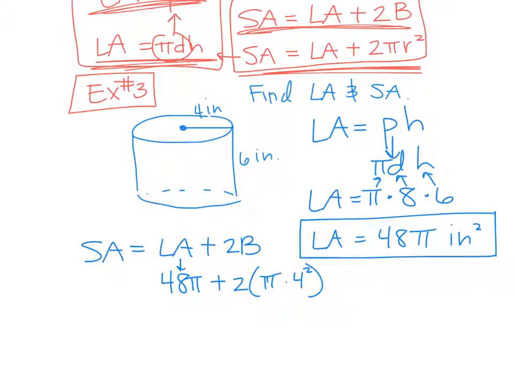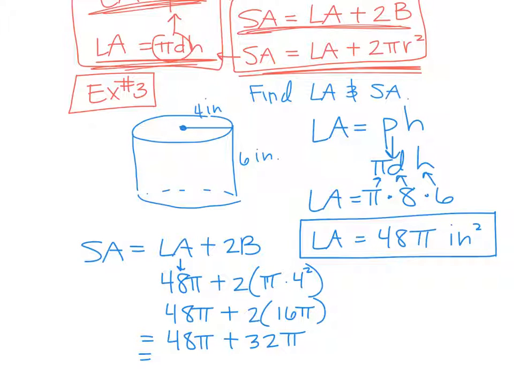So it's 48 pi plus 2 times 16 pi, 4 squared. So it's 48 pi. 2 times 16 is 32 pi. So you're just adding those together. 48 plus 32 is 80 pi inches squared.